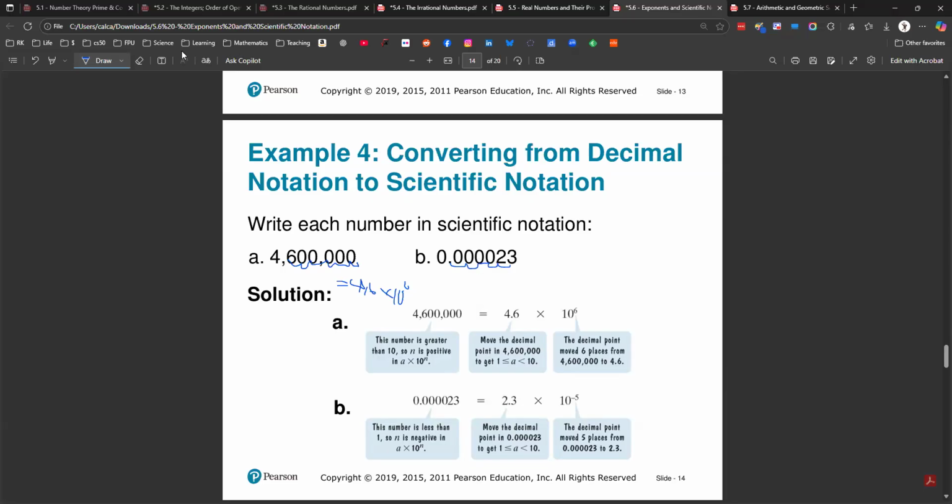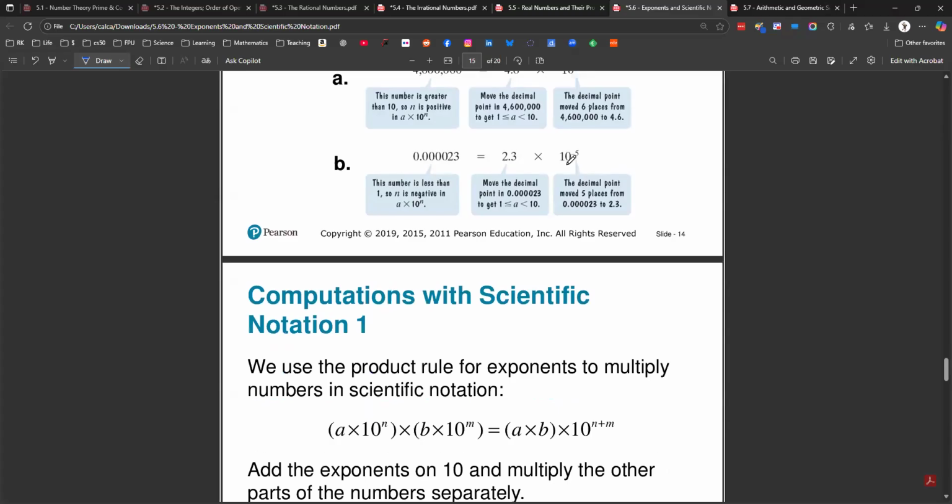Let me erase that and start over. Let's start again. So I have 1, 2, 3, 4, 5. So this is going to equal 2.3 times 10 to the negative 5. All right. Hey, we did it right.